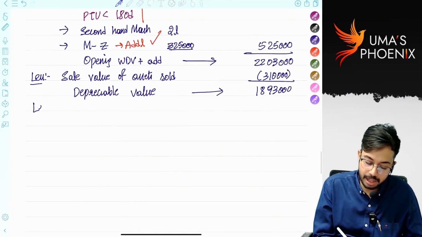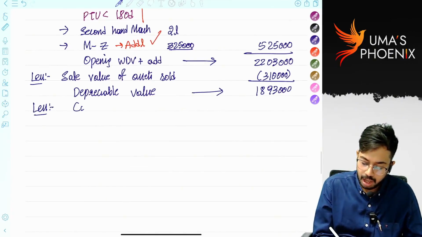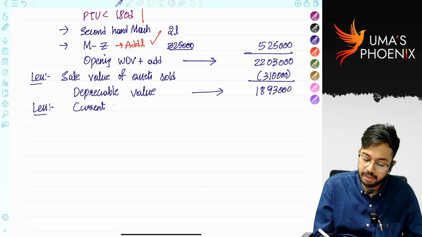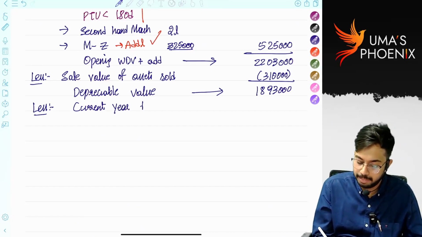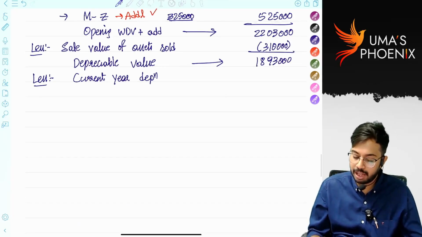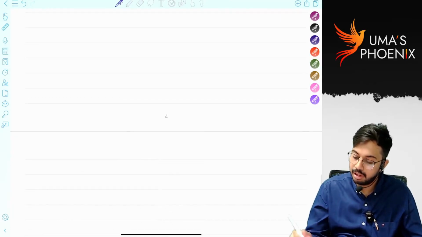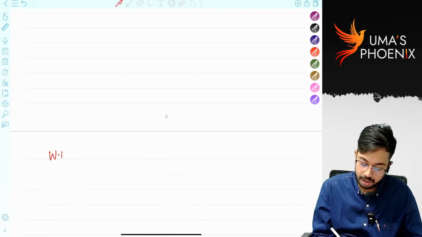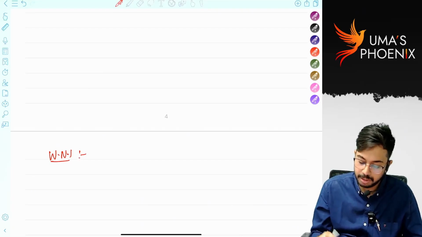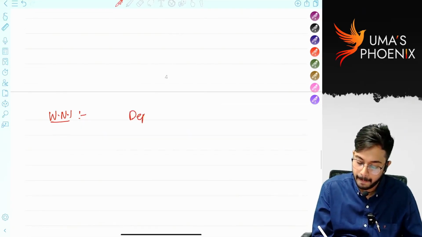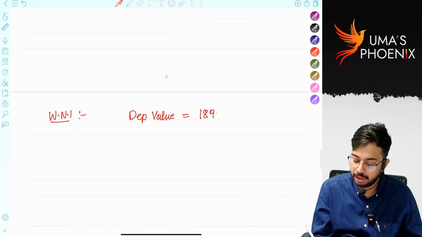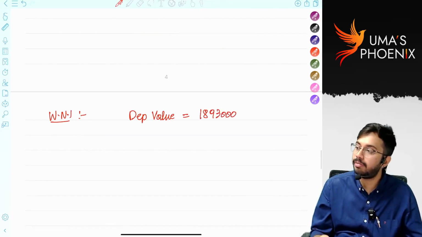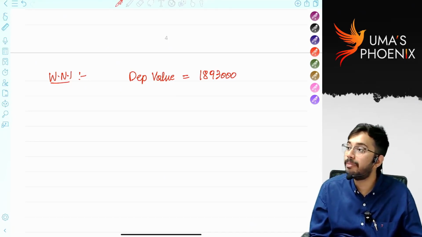From this we will reduce current year depreciation, we will also reduce additional depreciation, correct? So shall we calculate current year depreciation? Working note. How much is depreciable value? 18 lakh 93,000. It should be apportioned on LIFO basis, correct?